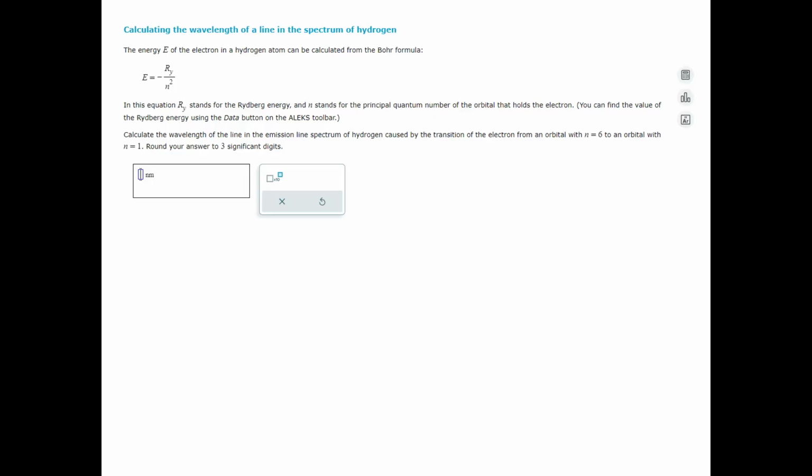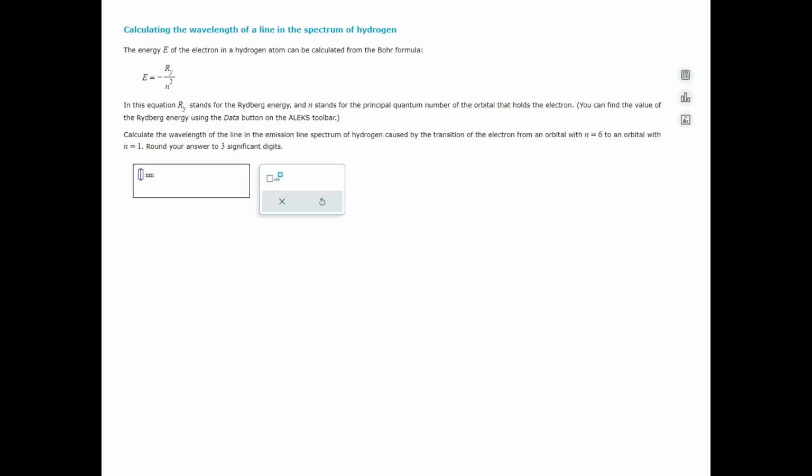It says E is equal to minus Ry on n squared, where Ry stands for the Rydberg energy and n stands for the principal quantum number of the orbital that holds the electron. I don't think you really need that information. You've already got enough to recognize that Ry is k and n is the energy level.